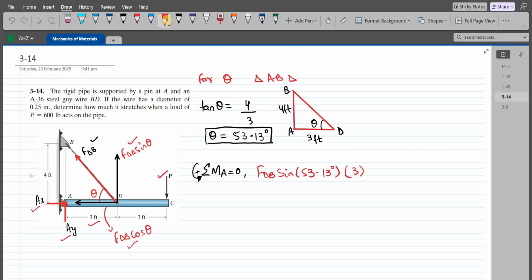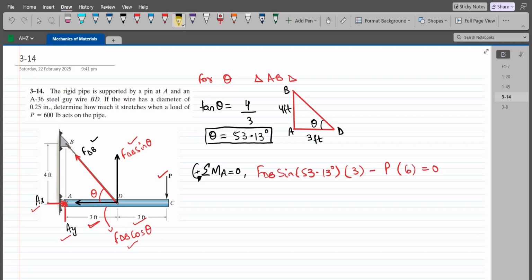This external load P is trying to rotate the rigid pipe in clockwise direction about the point A. So the moment produced by the force P will be taken as negative. So negative P, and the moment arm is the length of this pipe, which is 3 feet plus 3 feet, so 6 feet in total, equals to 0.